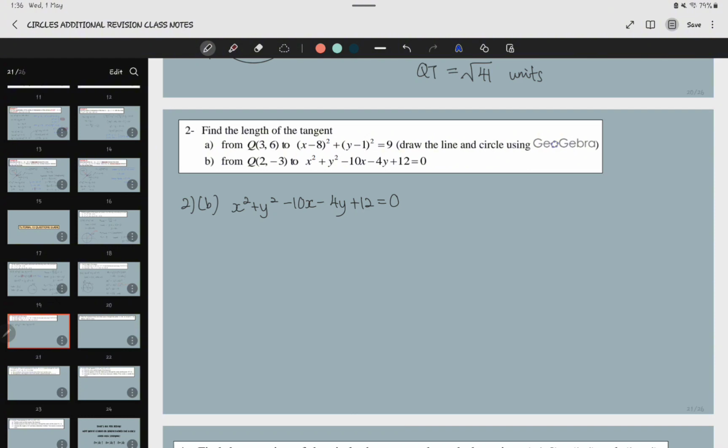Now from here, same thing that you are going to do. Here I won't use completing the square because I know the g, f thingy. So 2gx would be equal to negative 10x, so g would be negative 5. 2fy would be negative 4y, so f would be negative 2.